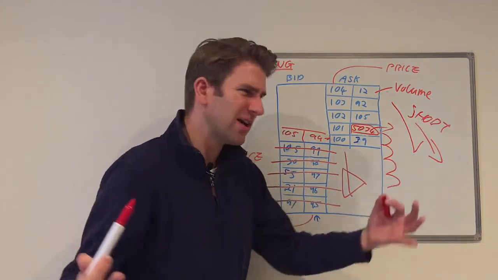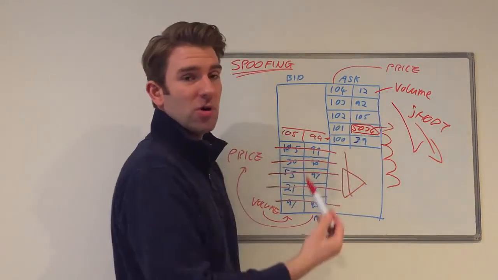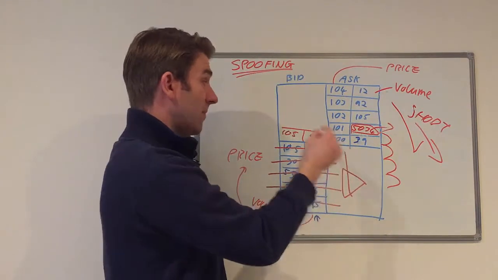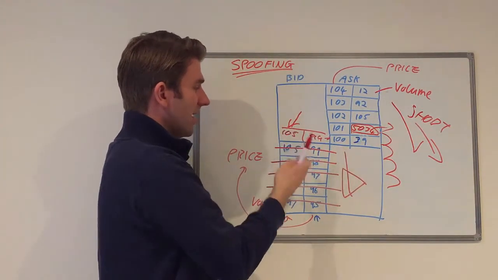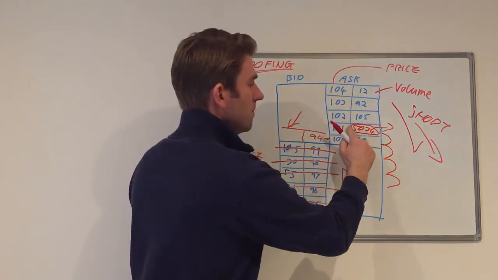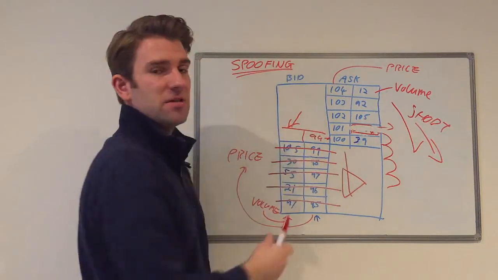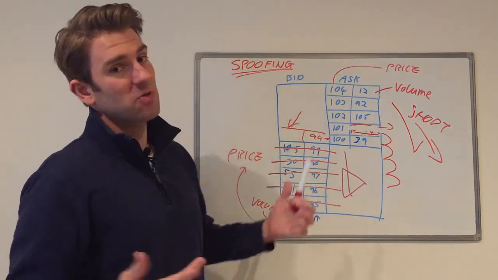He's been waiting for ages, can't get filled. Damn it, I can't get filled. What I do is spoof it, make it appear more aggressive sellers than it is. Other people see that, come in and will sell into his waiting buy. Maybe they'll fill all of his order. He gets his order. He then removes his spoof order. He's got his fill. He's done his objective. Highly illegal, but that's what spoofing's all about.